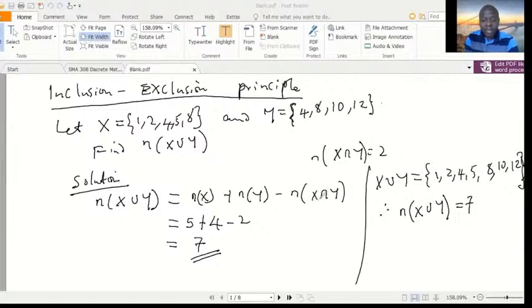This is done so as to avoid counting the elements twice, because you can see that 4 and 8 have been counted here and also here. So we remove them so that we count 4 and 8 just once. That is what the inclusion-exclusion principle says for two sets.